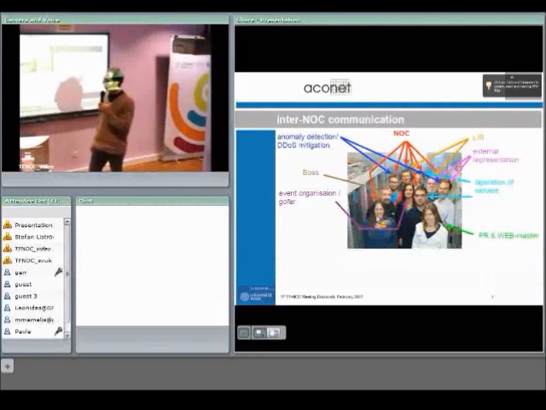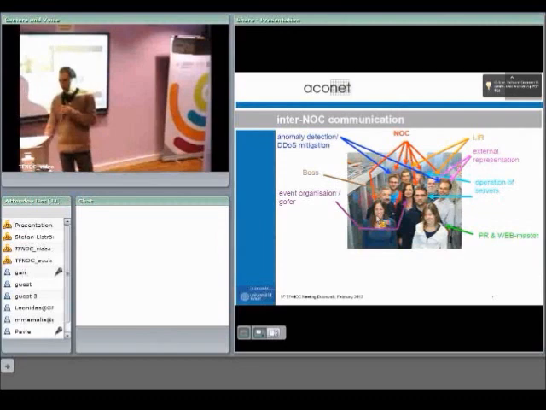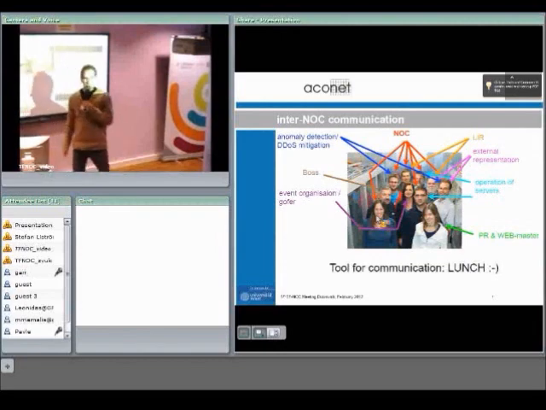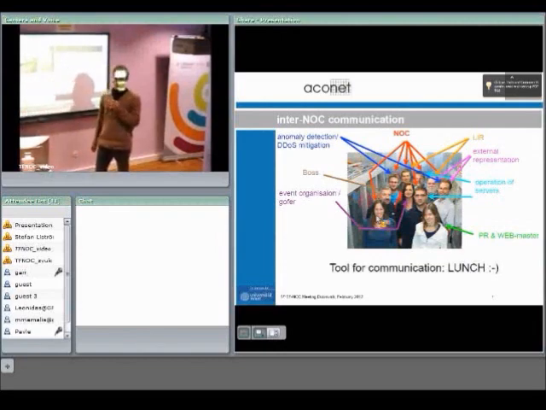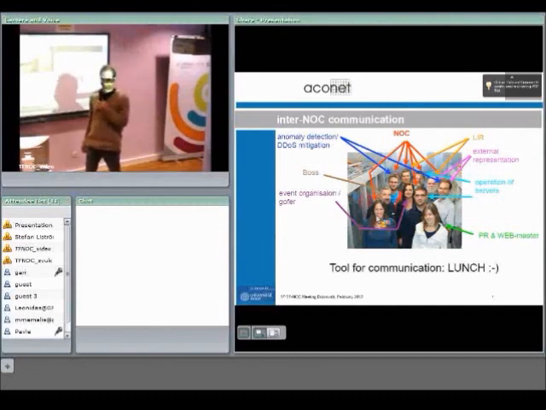We have found a very nice possibility for our inter-team communication, which is that we prefer to have lunch together, and therefore it's very easy to discuss things that happened the last day or are planned for the next day and so on. So this is the way we prefer to do it. Unfortunately, we have no scribe during lunch, so there are no official minutes, but normally this works quite well.